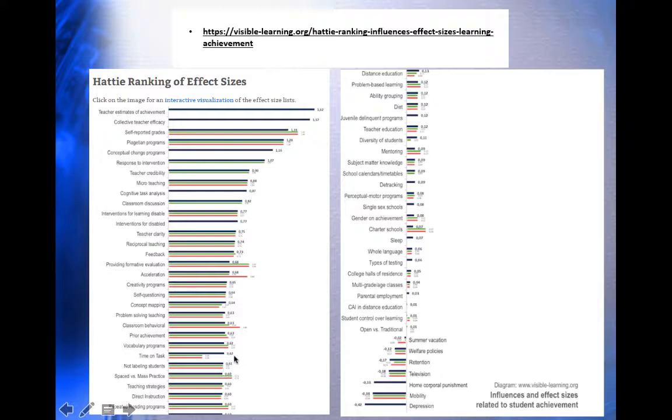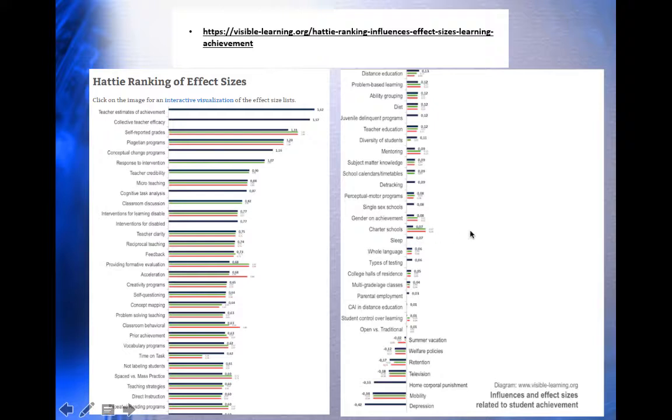Time on task, point. So these are things that are related to achievement. Some things that really don't: perceptual motor programs. Single-sex schools tend to not show much of an effect. Gender and achievement shows not much of an effect.